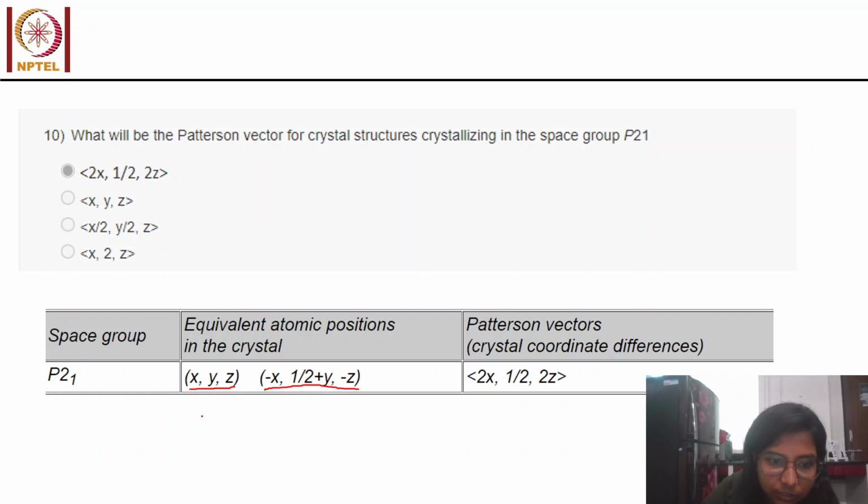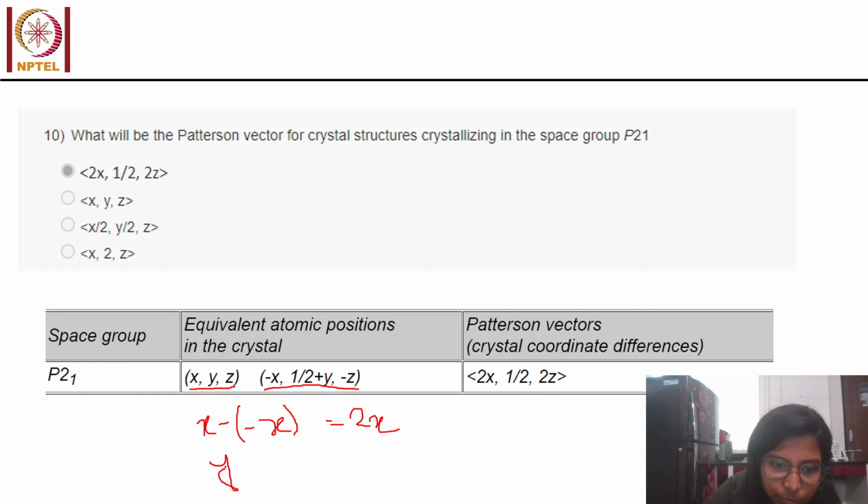So if we subtract this, since it is a vector, the components we have to subtract are x from x and y from y. So we will subtract this -x from x, and we will end up with 2x, right?